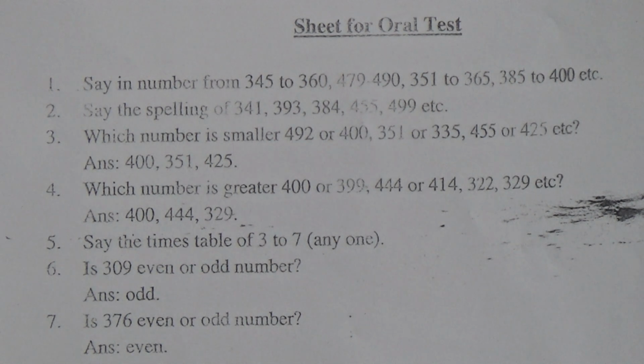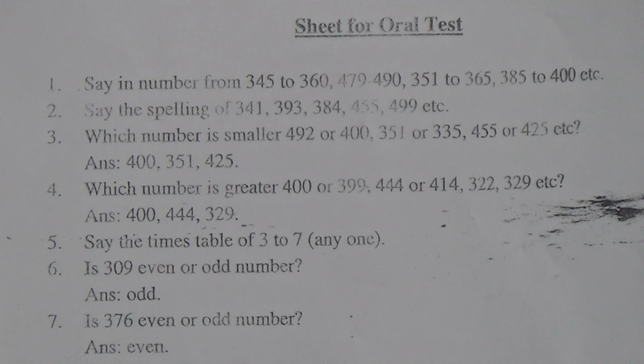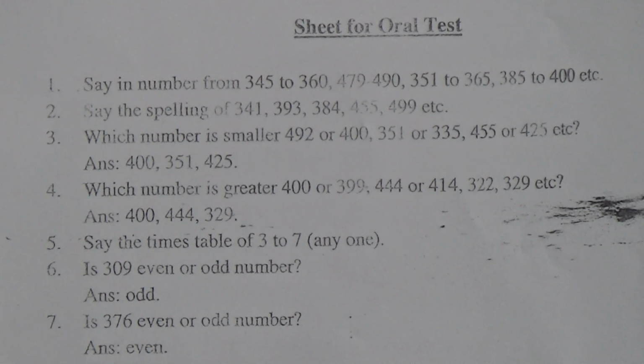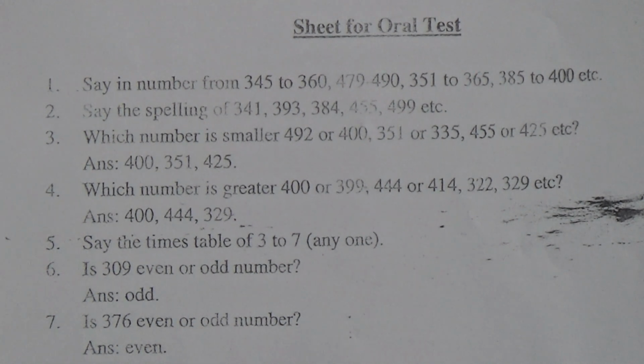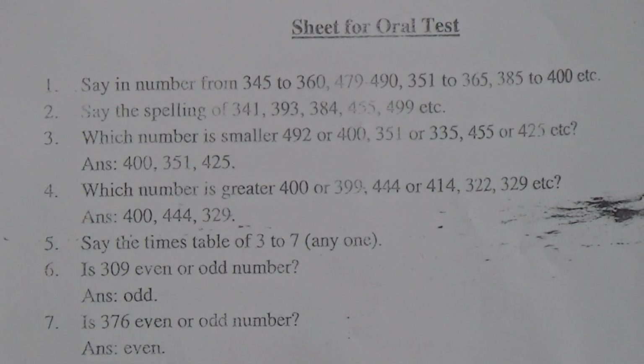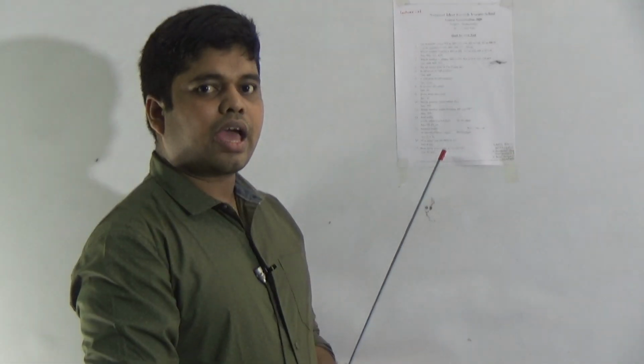Dear students, if I ask you a question, say the numbers from 345 to 360, you can answer me 345, 346, 347, 348, 349, 350, 351, 352, 353, 354, 355, 356, 357, 358, 359 and 360.